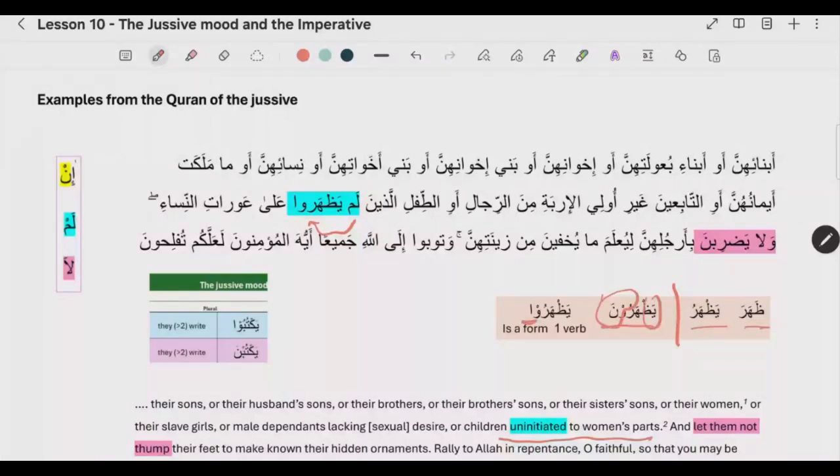When you want to make it jussive, you take the noon out and you have the wawa alif to show it. So ya with the wawa alif and this dhamma gives you this form, lam yadharu. And yadribna we've covered before. So I think this is the summary of the jussive.